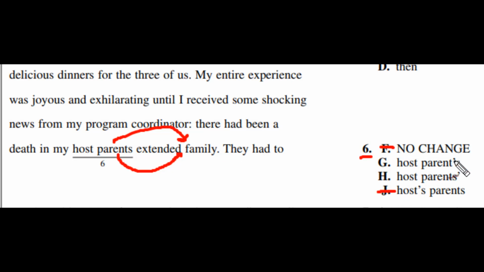Answer choice G, we have an apostrophe after the T before the S. When we look to the left, we see it's one parent possessing their own family. Well, we know that most people have 2 parents. Here, the apostrophe S comes after the S, which means plural. Plural possession of their own family. Answer choice H for problem 6.